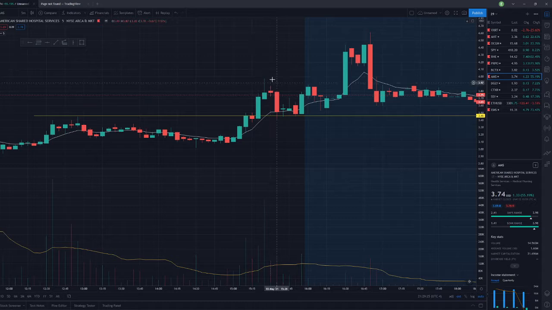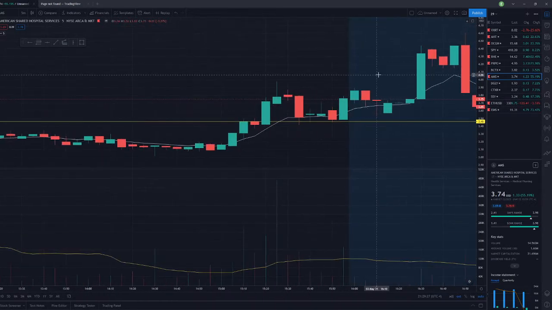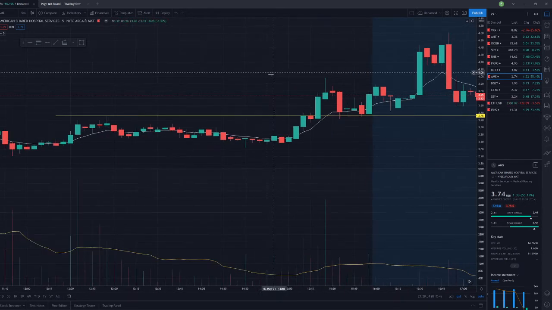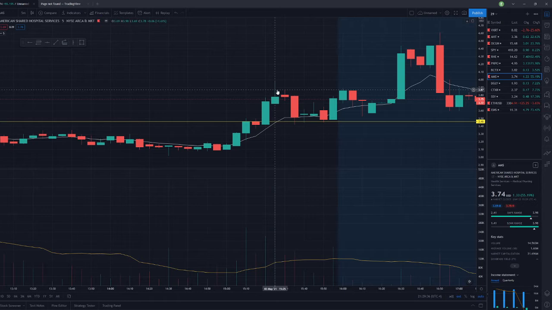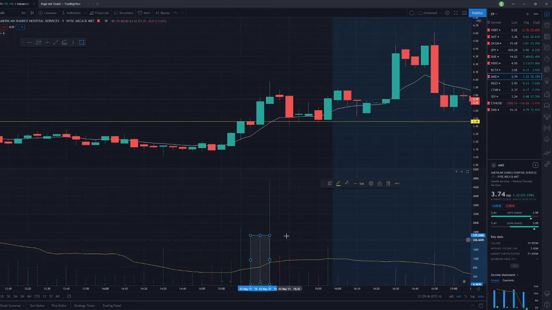And then I started scaling out up here. The reason I scaled out up here is simply because of volume, which I can go over right now. So if you see this candle right here, you can see the volume size, right? It's genuinely big.